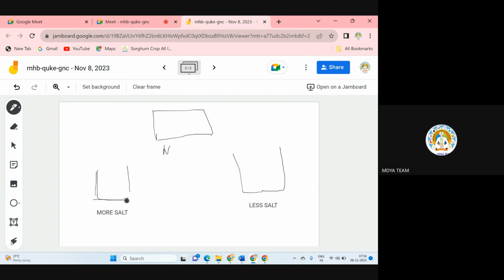The osmotic concentration of this fluid is higher, meaning in this there is more salt and less water, as compared to salt there is less water.